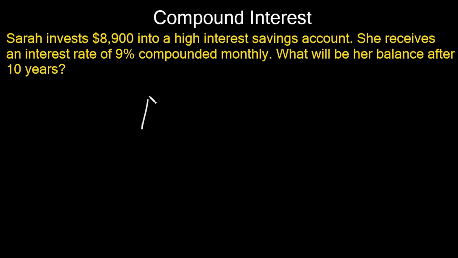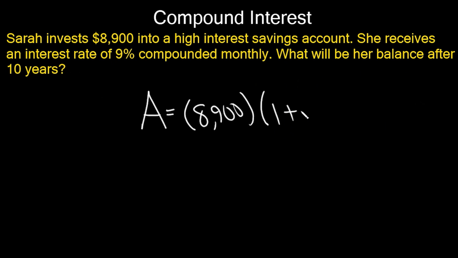So we're going to have amount A is equal to our principal, our initial amount. That's going to be 8,900. So 8,900 times, here we'll have 1. Now, again, it's going to be appreciating, right? It's not going down in value. You're going to be gaining here. So we're going to use plus, and then 9%. I want to plug that in as 0.09, all over the number of times compounded.